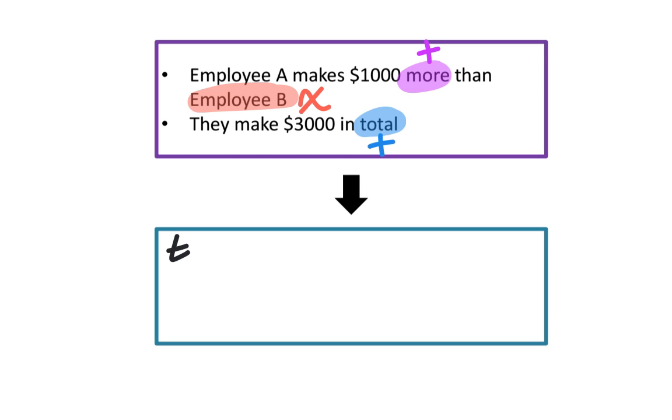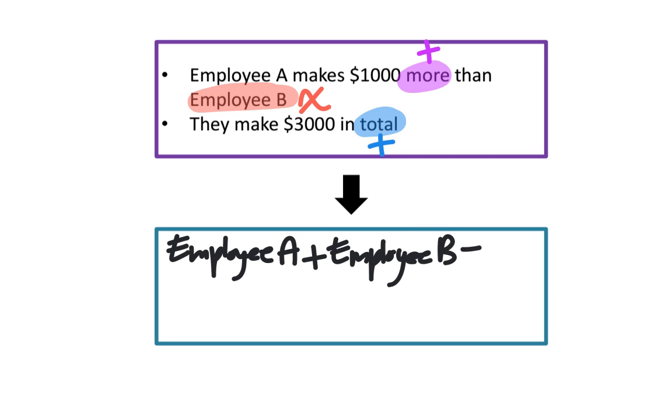We know that the amount of money that employee A makes plus the amount of money that employee B makes needs to equal $3,000. We've given employee B the variable of x.